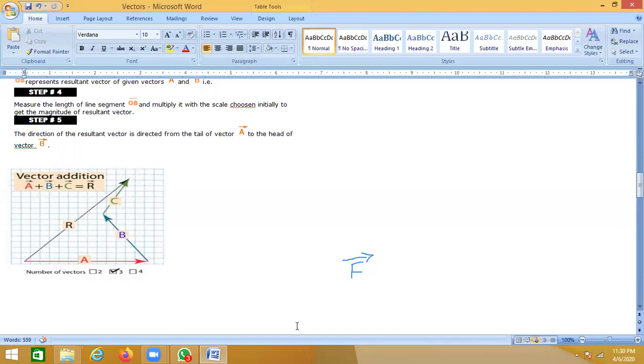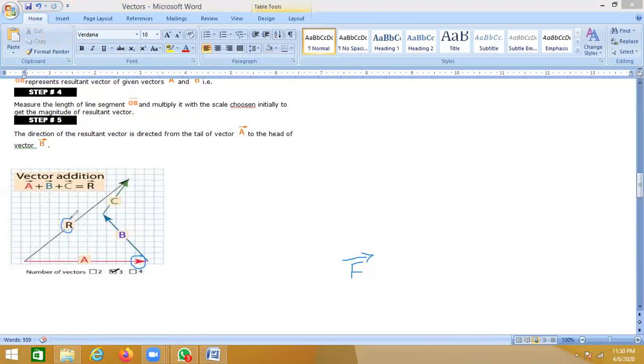Now this part, let me show it here with the pencil, this part is known as the head, which is the arrow side here, which is connected with the tail of vector B, and the head of vector B is connected with the tail of the third vector, right?